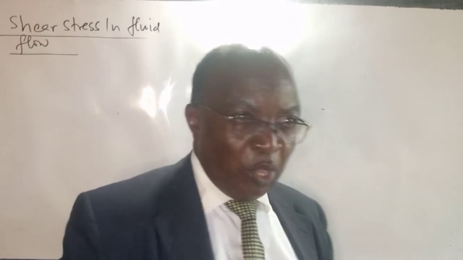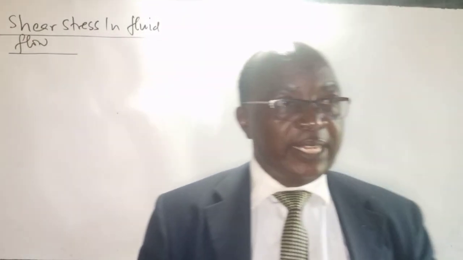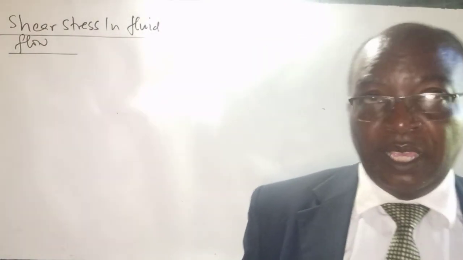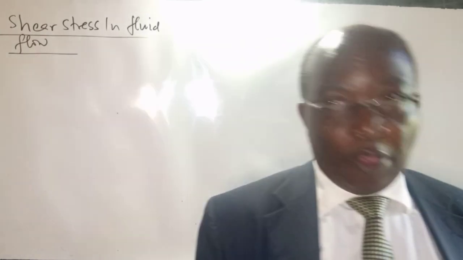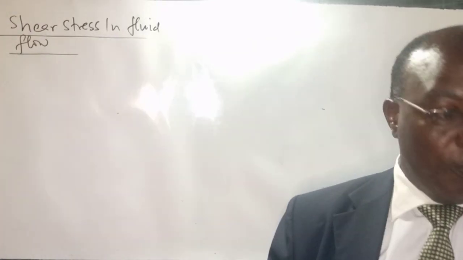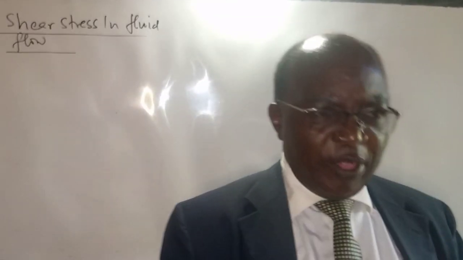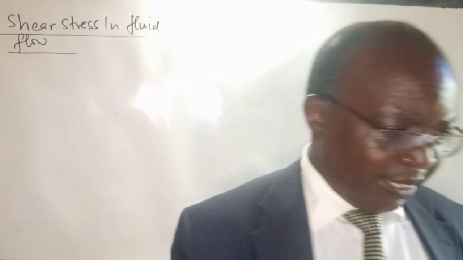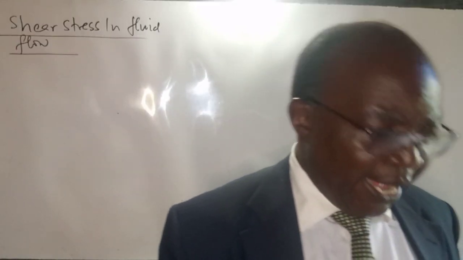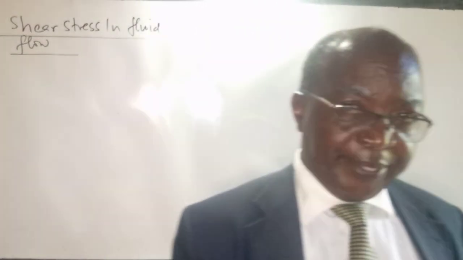Now, we have talked of fluid flow, and we have said that there are two types precisely of fluid flow. We normally have the laminar or the streamlined fluid flow, where the flowing fluid does not interfere with the adjacent elements in its path.